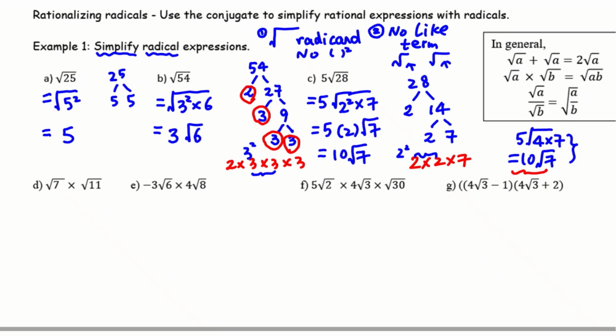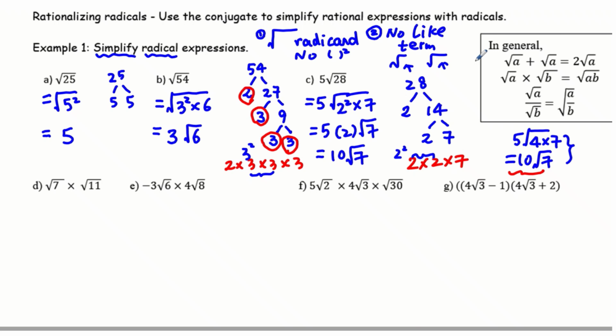The next one has 2 terms, 2 radicals multiplied, not only one radical number. We have 3 rules you could follow for simplifying radical expressions. The first one is adding, or you could apply it to subtracting.